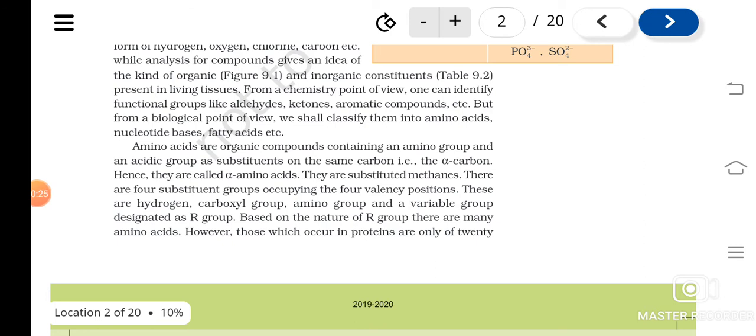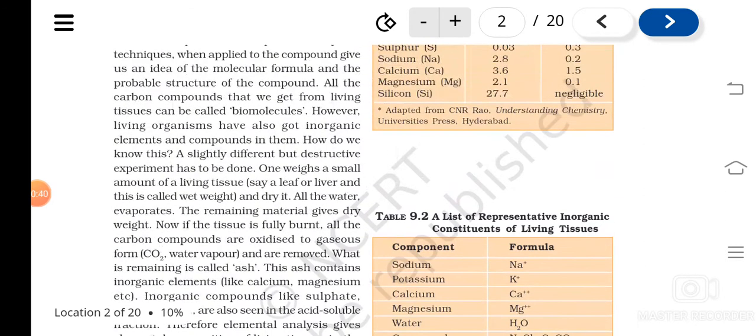When we analyze the chemical nature of these components, like the plasma membrane or mitochondria, all of them contain certain molecules. These molecules which make up the living organisms are known as biomolecules. They are mainly carbon compounds that we get from living tissues.